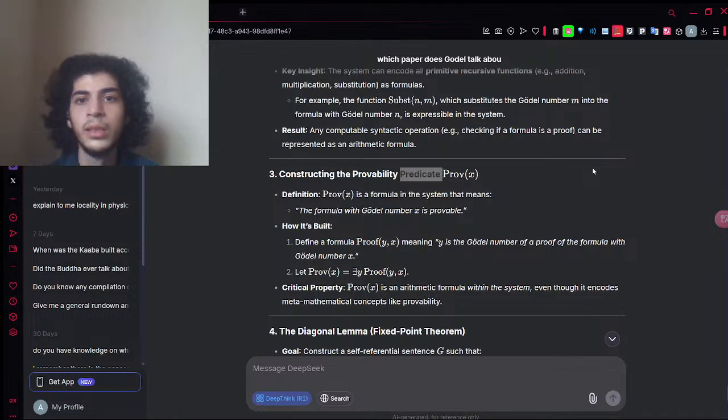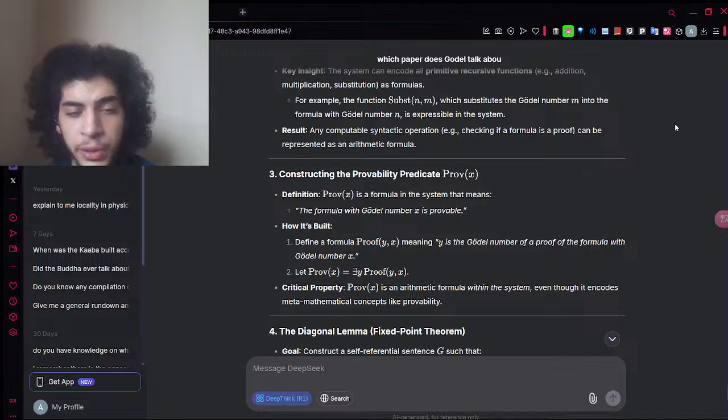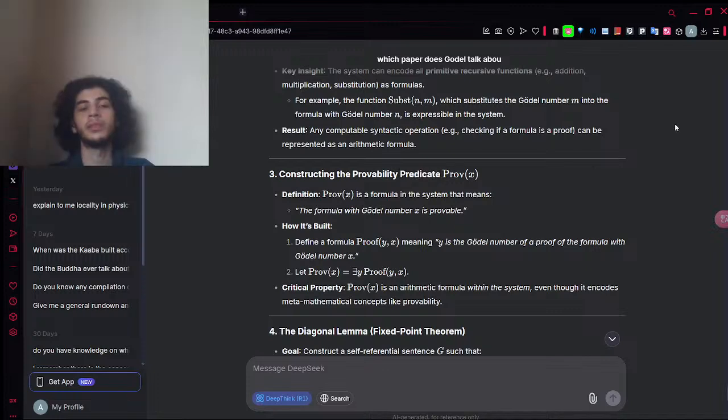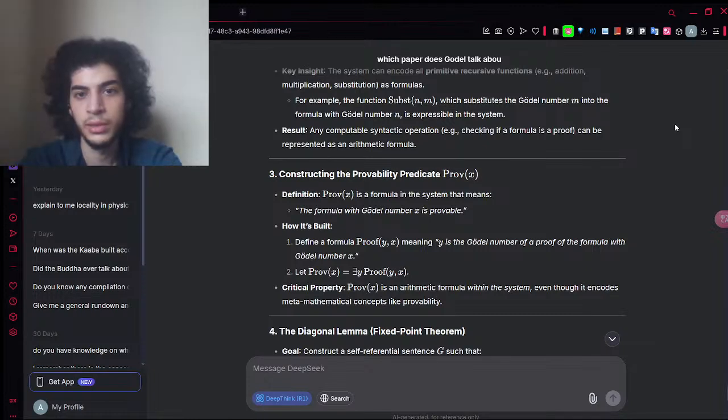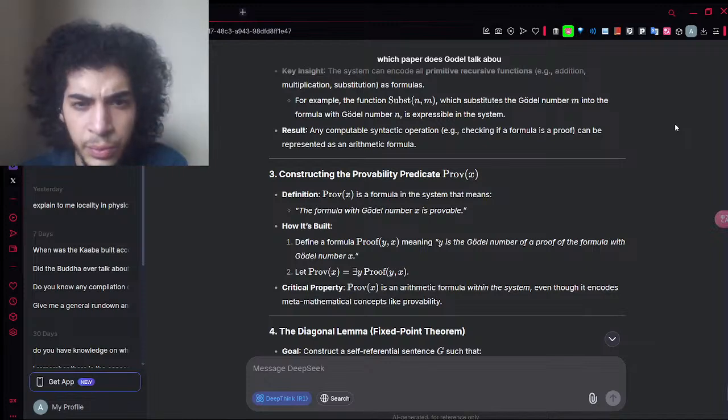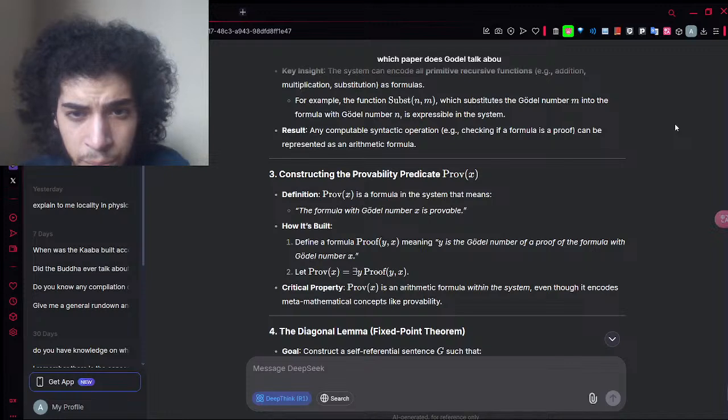Like, John went home is a predicate. So the provability predicate is basically like a verb, or let's say an advanced adjective, that is about provability. It just means a function: whether x is provable. Definition: Prov(x) is a formula in the system that means the formula with Gödel number x is provable.